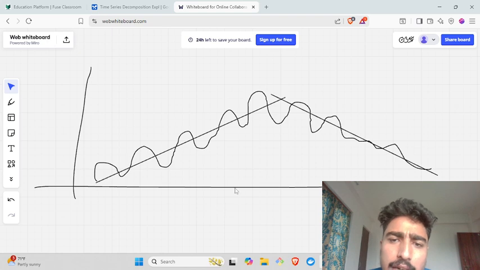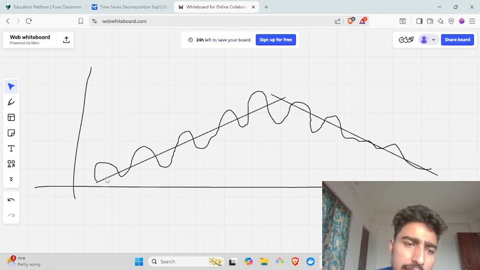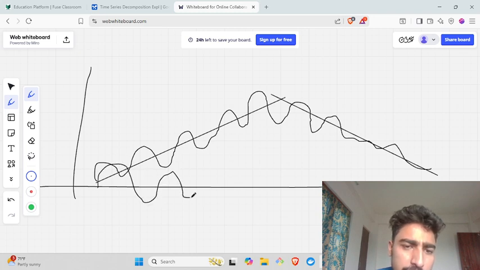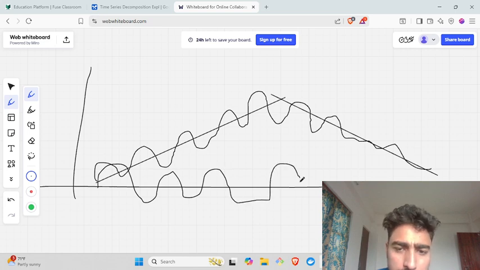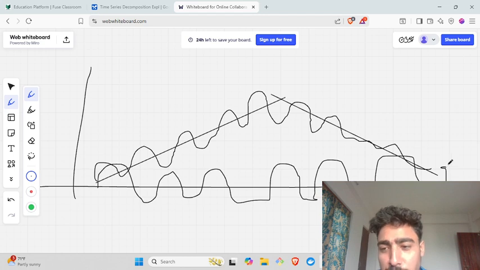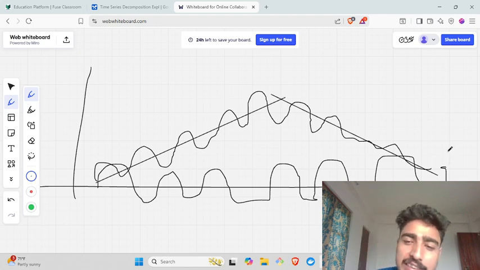And if the seasonality doesn't change, like this is what seasonality looks like here, it is very random, but let's consider it.